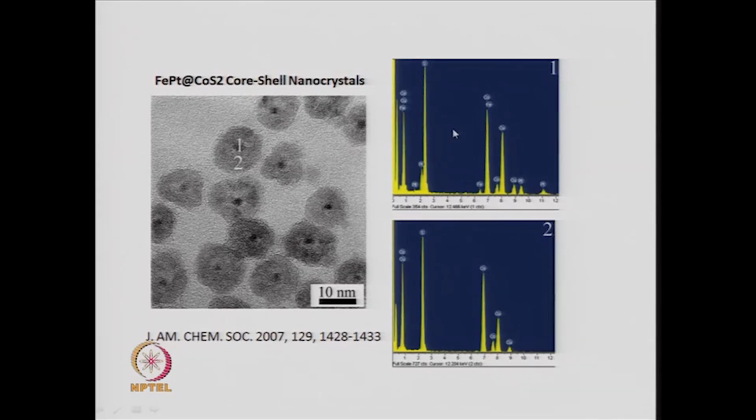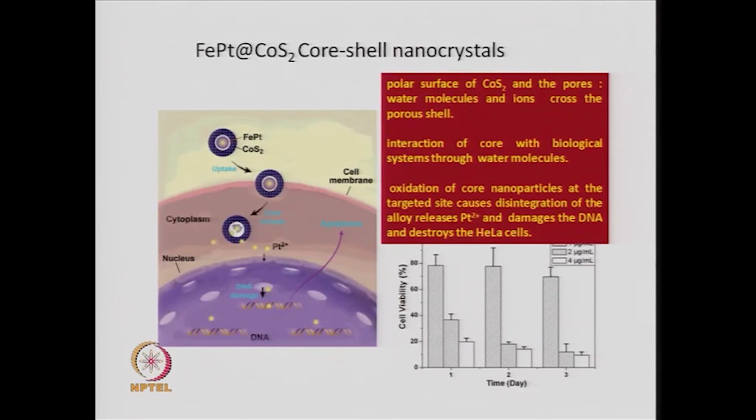So, these are EDAX analyses normally done in a transmission electron microscope by choosing the electron beam to fall on specific positions in the core shell structures. And that is how you identify that your core is made of iron platinum and your shell has cobalt disulfide. Now, why do you make such a material?